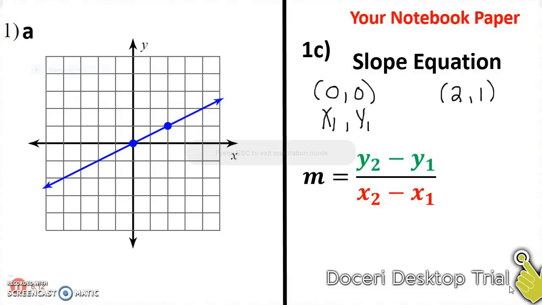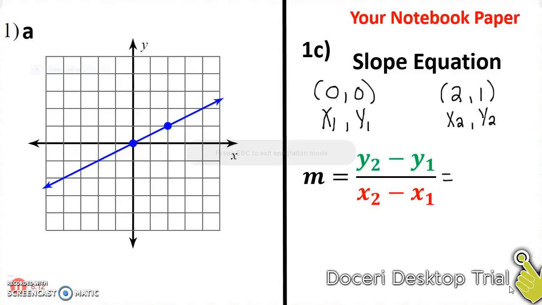So it makes sense when we go over to the second ordered pair that x sub 2 is going to be the x coordinate of the second ordered pair, and y sub 2 is the y coordinate of the second ordered pair.